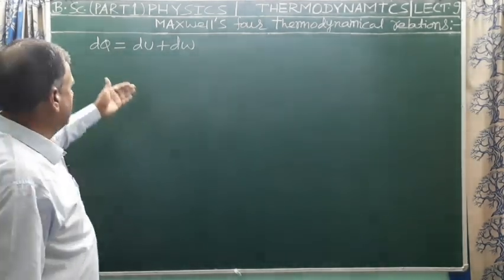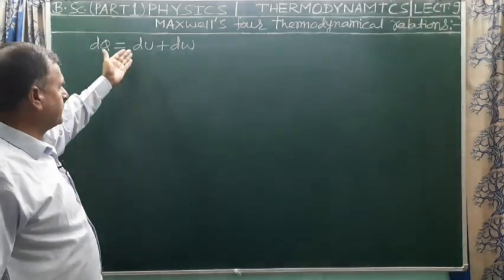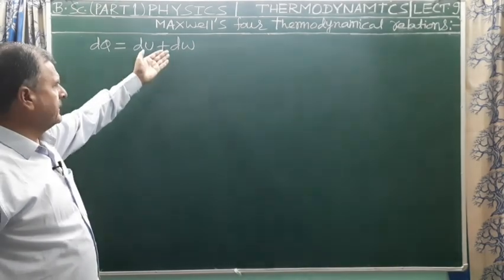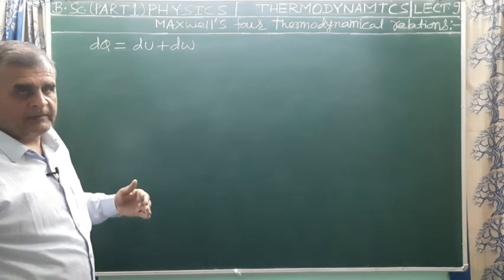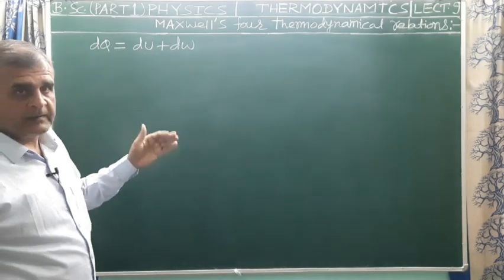So we can further write the first law of thermodynamics as dq equals du plus dw, and in place of dw we can write p into dV, that is the work done by the system to increase the volume of the system through dV at constant pressure.